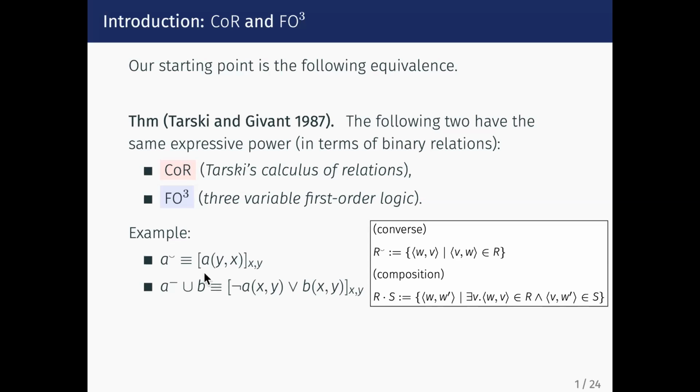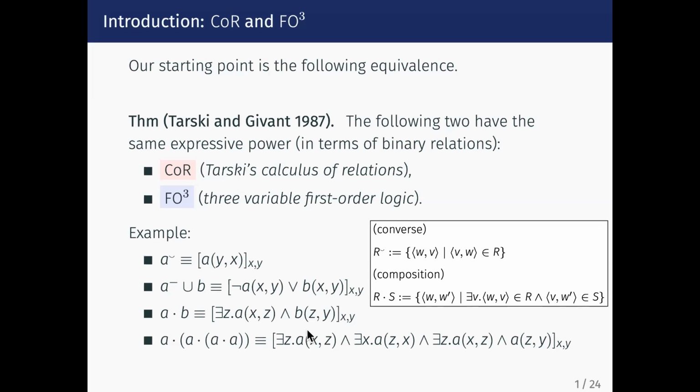And Boolean operators in the calculus of relations can be naturally encoded by logical operators in first-order logic. Complement can be encoded by negation, and union can be encoded by disjunction like this. And also, the relational composition operator can be naturally encoded by using the existential quantifier and conjunction like this.